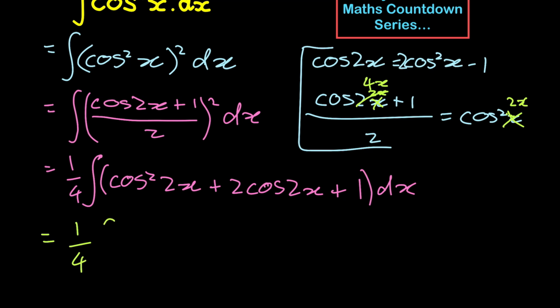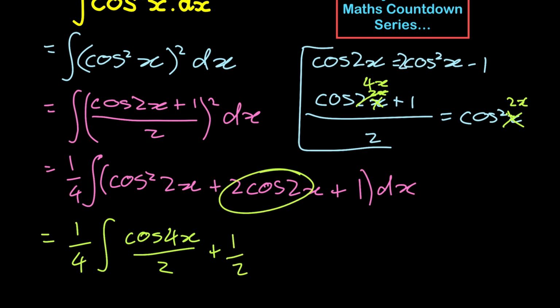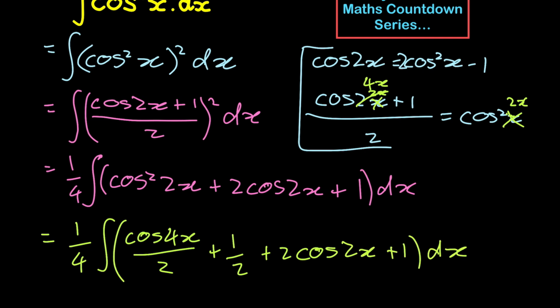So we have 1 over 4 times the integral of, now instead of cosine squared of 2x, we write cosine of 4x over 2 plus 1 over 2. Then we leave the rest, so plus 2 cosine of 2x plus 1. Now you'll notice that 1 over 2 and 1 are both constants, so we can add them together and write 3 over 2, because 1 plus 1 over 2 is 3 over 2.